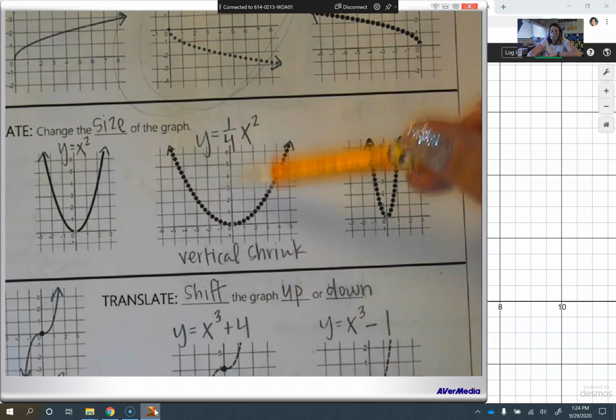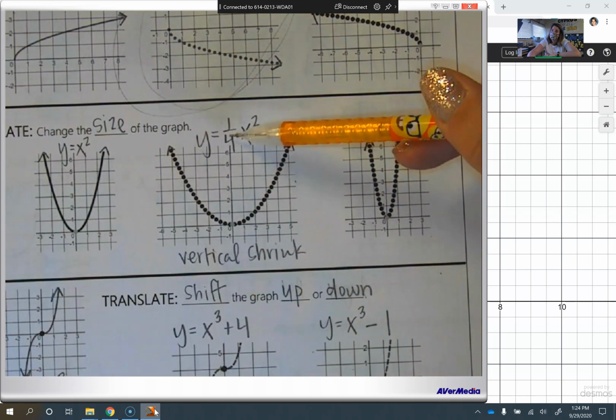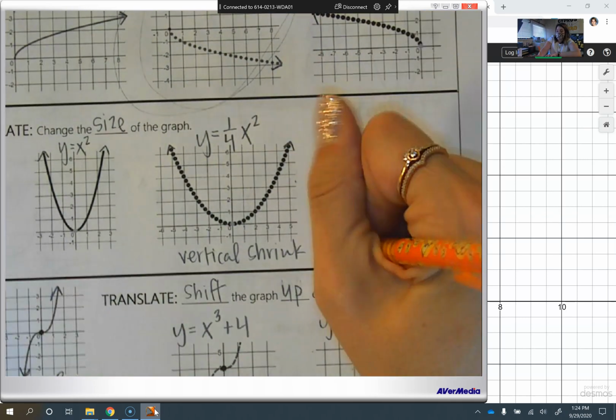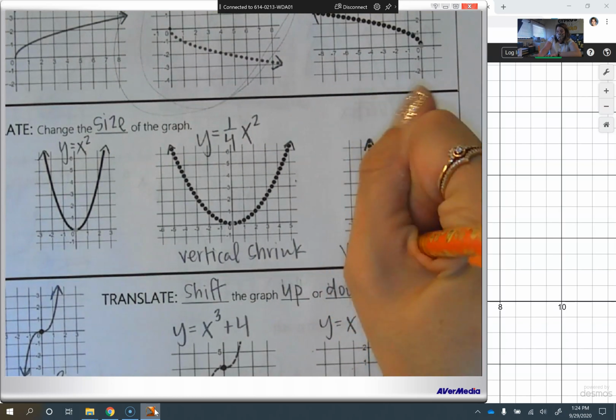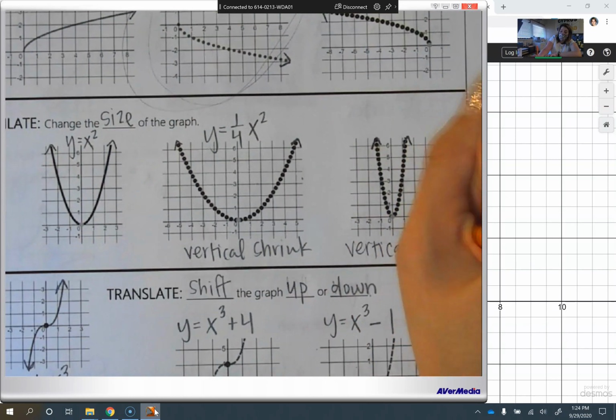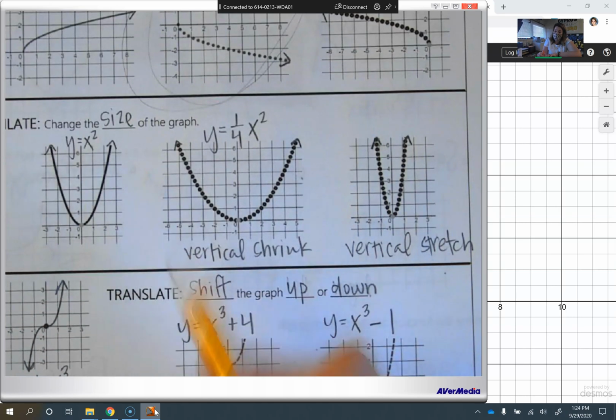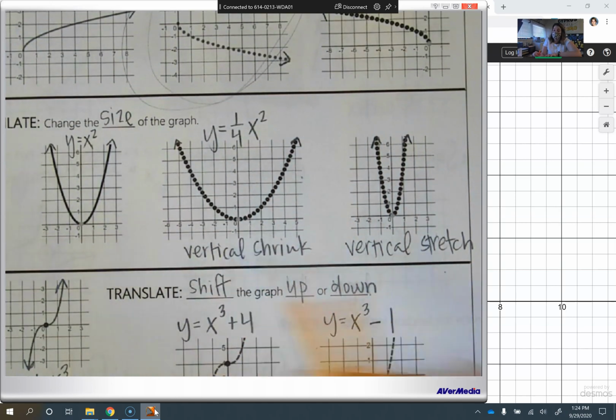So if this one is a fraction, that means that the vertical stretch has to be a whole number, and it's always that way. If you see a fraction, it's always a shrink. If you see a whole number, it's always a stretch.